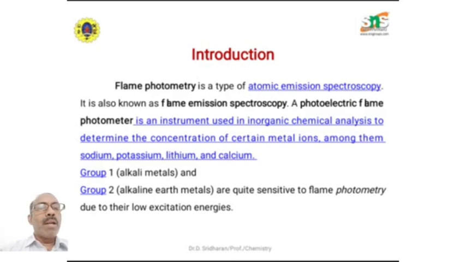That means group 1 alkali metals and group 2 alkaline earth metals are quite sensitive to flame photometry due to their low excitation energies.